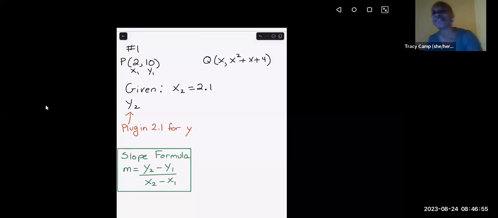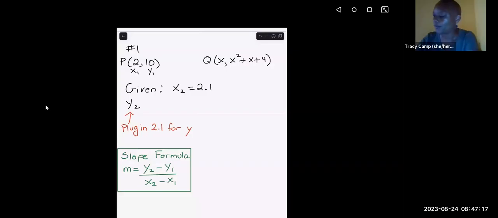All right, I wrote this all down. So we have our point that's given to us, our P, 2, 10. And then our other point, Q, is this x squared plus x plus 4. And for the first part of the problem, we're given that our second x value is 2.1.